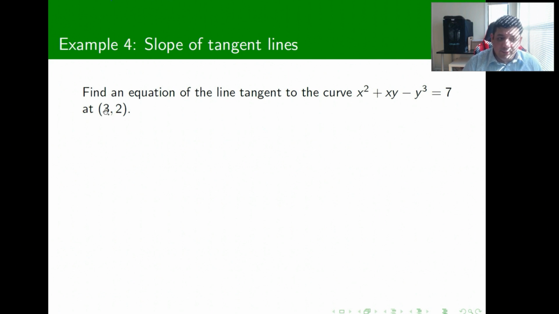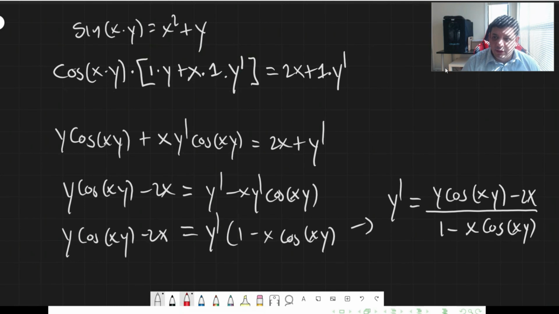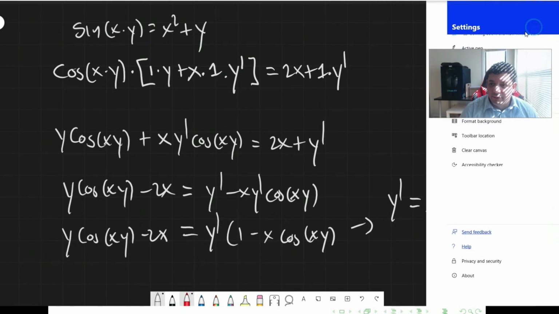If you plug in x equals 3, you get 9 plus 3y minus y cubed equals 7. But let me do this on the board so it doesn't get confusing.